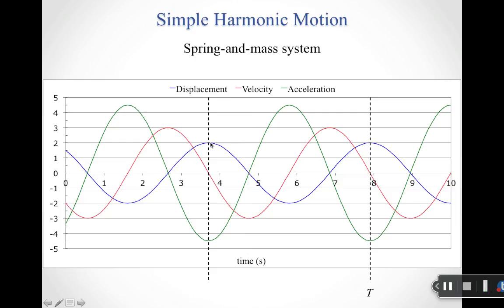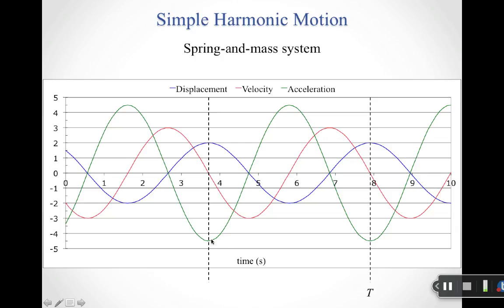A couple of interesting points here. At both the point that I start and the point that I finish, I'm at my maximum positive displacement, but my velocity at both those points is 0. And the acceleration is at its maximum value, but in the negative direction. This makes sense because if you've pulled your spring out as far as it can go, to the amplitude value in the positive direction, two things are going on.